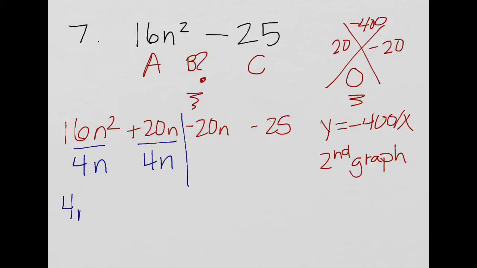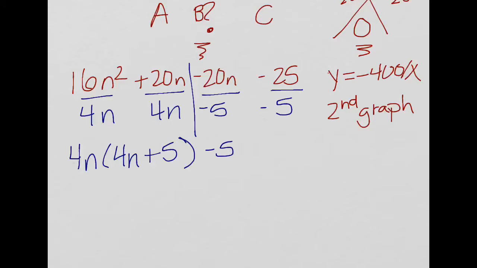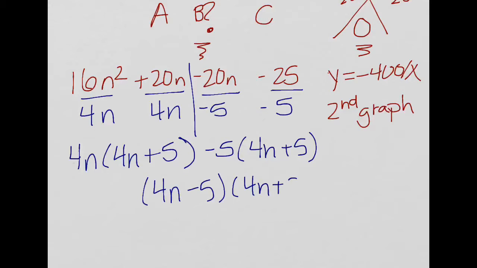So I would take out a 4n, and I'm left with 4n plus 5. And on the right side, my GCF is going to be a 5, but I lead with a negative, so I'm really careful to take out that 5. So I would get 4n plus 5. And so my final answer would be 4n minus 5, 4n plus 5.